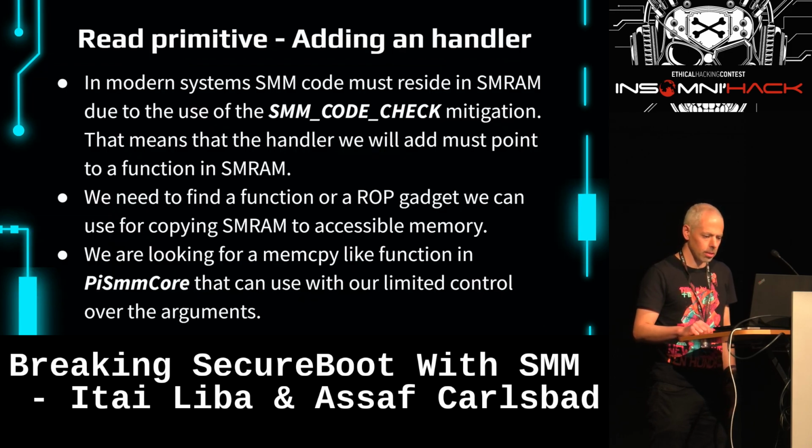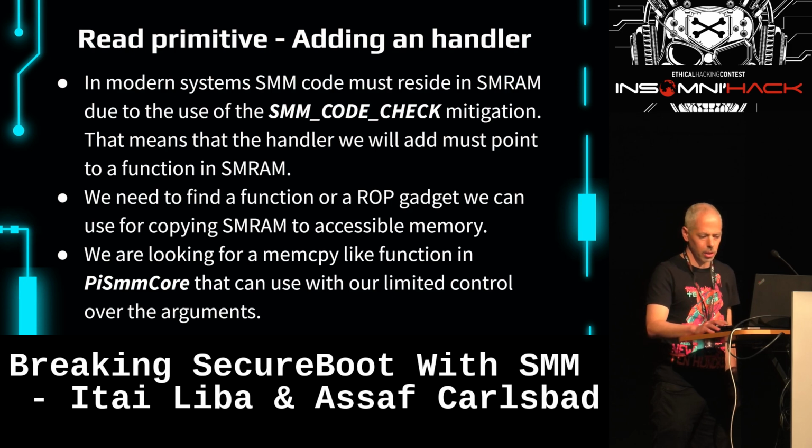In modern systems, SMM code must reside in SMRAM due to the use of the SMM code check mitigation. That means that the handler we add must point to a function in SMRAM. We need to find a ROP chain or a function already in the SMRAM segment we can use.